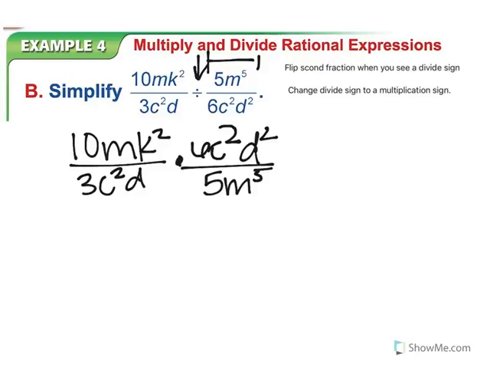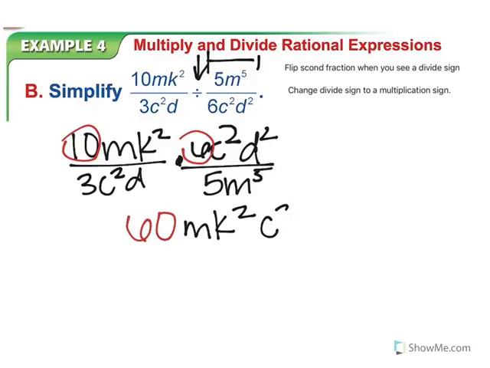So now we can actually do what we did in the last example and combine our numerators and combine our denominators. I'm going to take 10 times 6, which is 60, mk squared c squared d squared divided by 3 times 5 is 15.